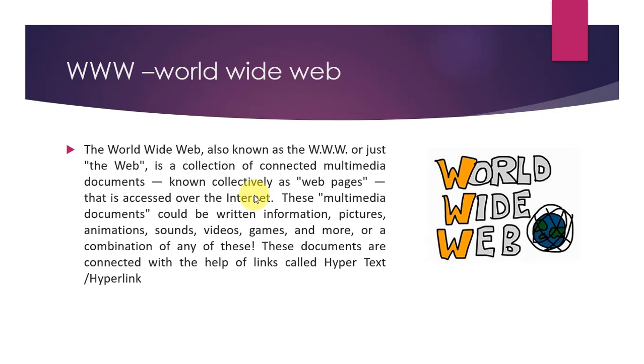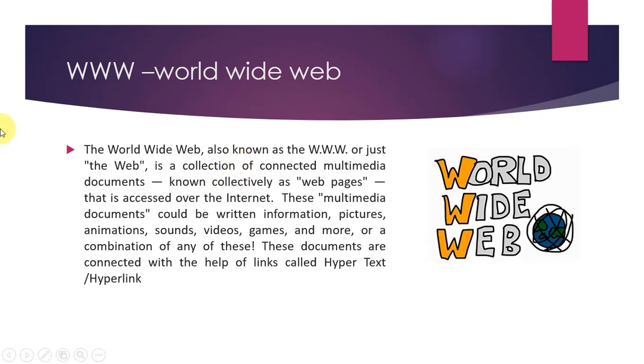But the www is simply a collection of information, which is made with the help of web pages. Now these web pages are connected together to form a website, and websites can be connected with the help of a special text called hypertext.